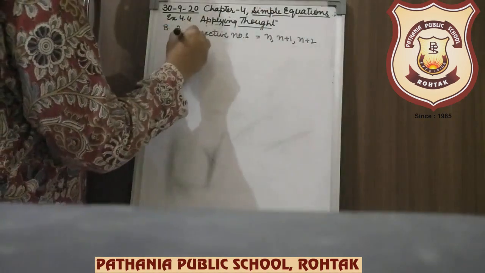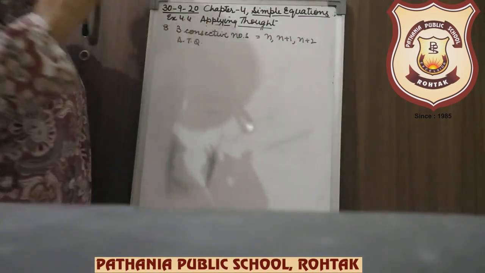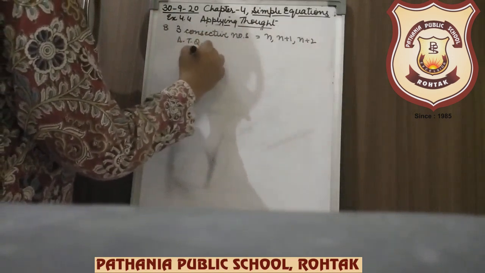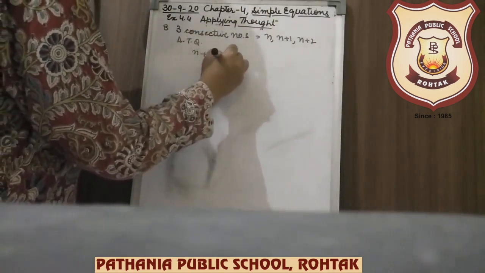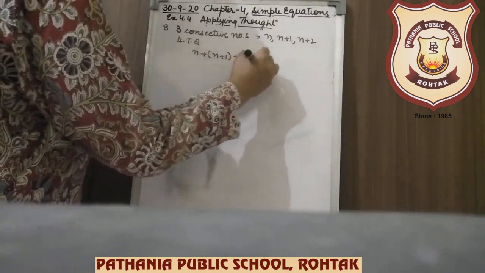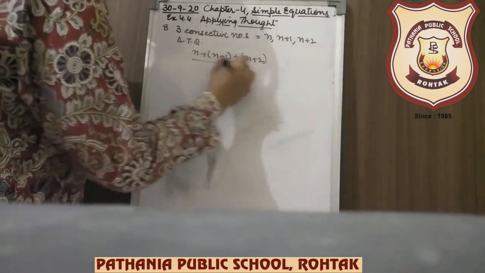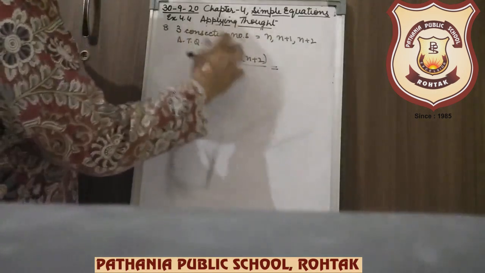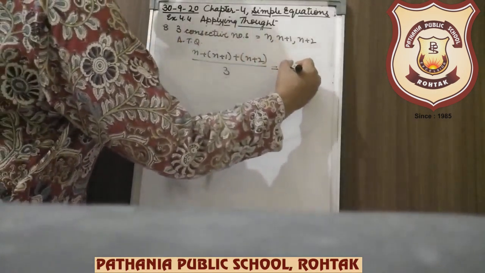Now according to the question, mean means average. I have to add them. How many numbers are these? 3. So this is the mean, and the mean is 12.